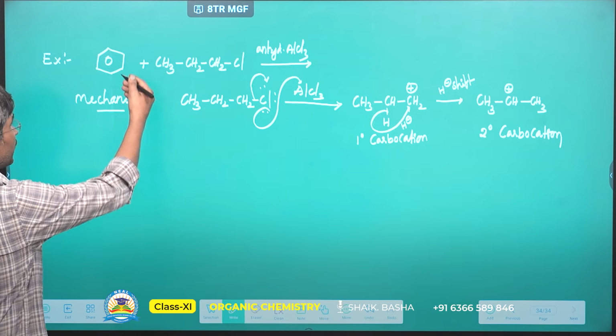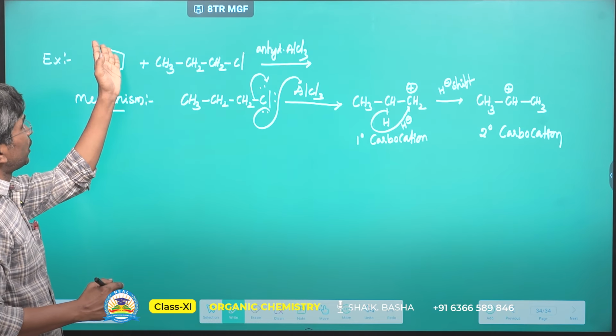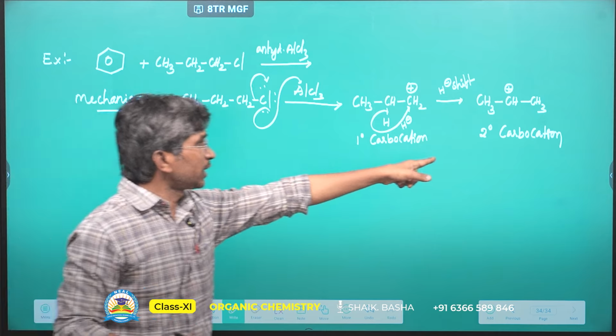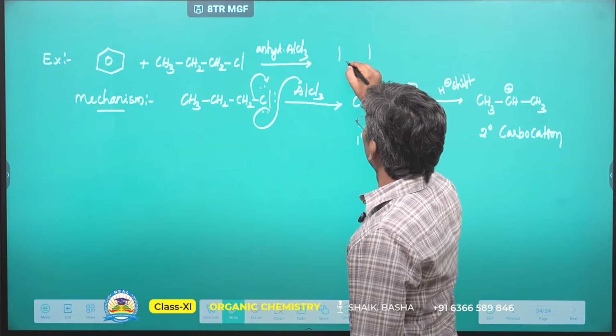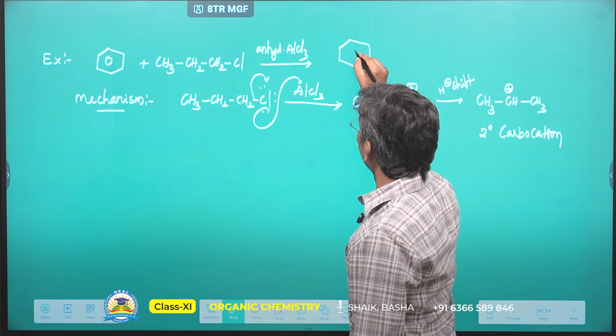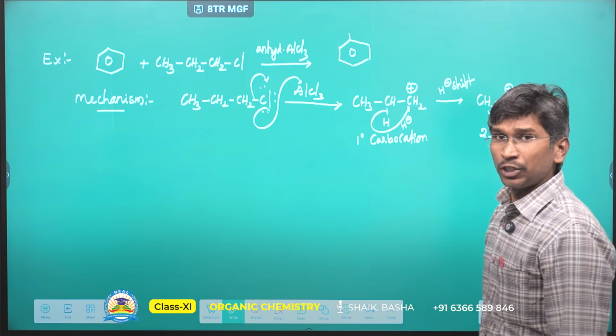So that electrophile can react with benzene. Electrophile is going to react with the benzene ring. So that means hydrogen is replaced by this secondary carbocation, the isopropyl carbocation. So what is the product here? Benzene. Out of those 3 carbons, which carbon has to react with the benzene ring? Which carbon is going to connect?